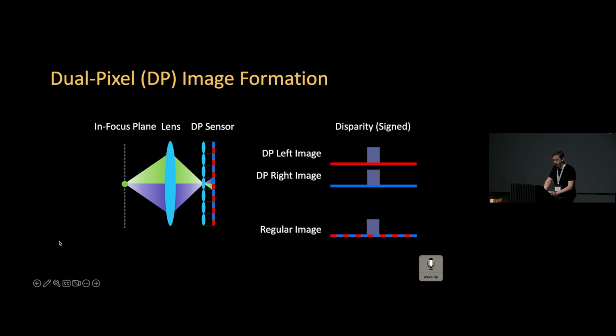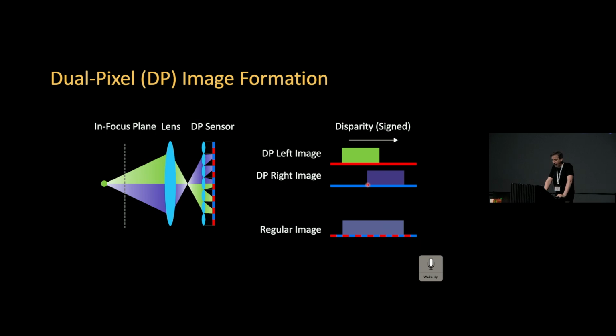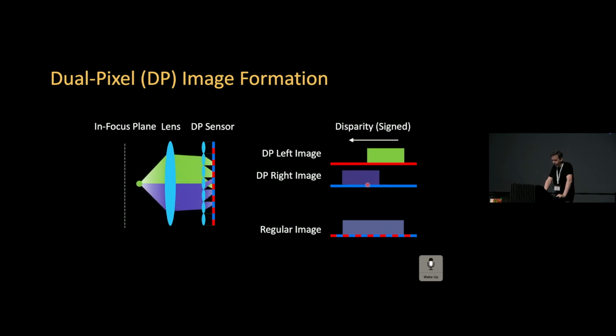So the left and right images are shown here on the right-hand side. And when something's in focus, they should line up perfectly. When things are defocused, either behind the focal plane or in front of it, you're going to end up having a disparity whose sign and magnitude will determine basically what direction you should be focusing in and how much.